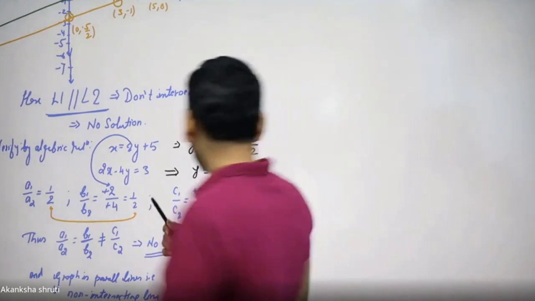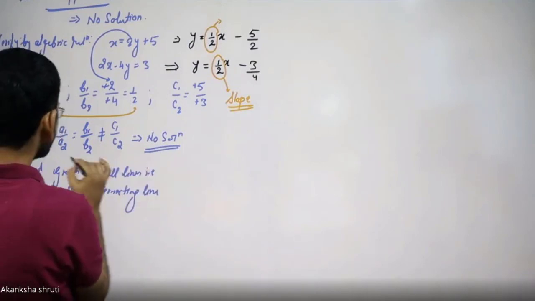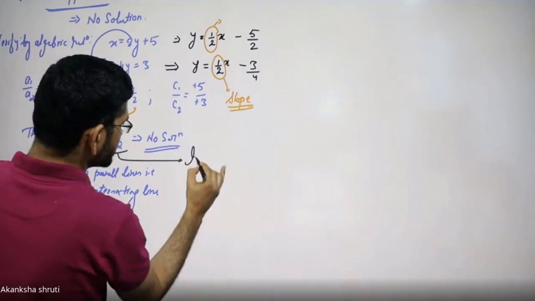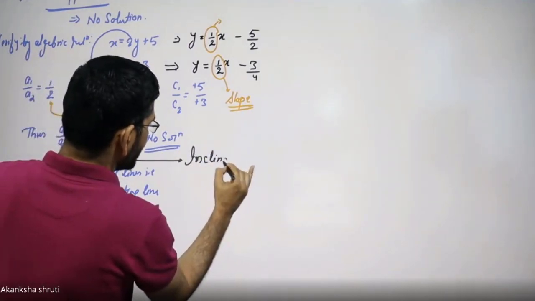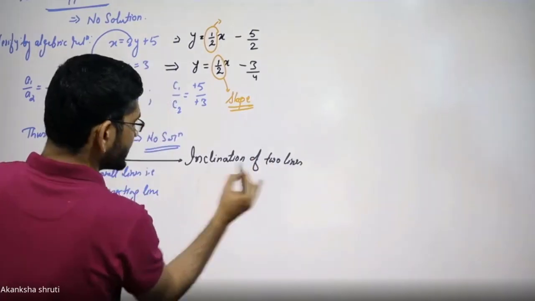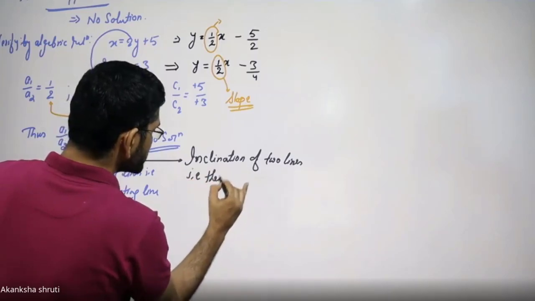So student, here you have to just write that this equation simply tells the inclination of two lines. Remember this term: inclination of two lines. What is the meaning of inclination of two lines? Their slope.